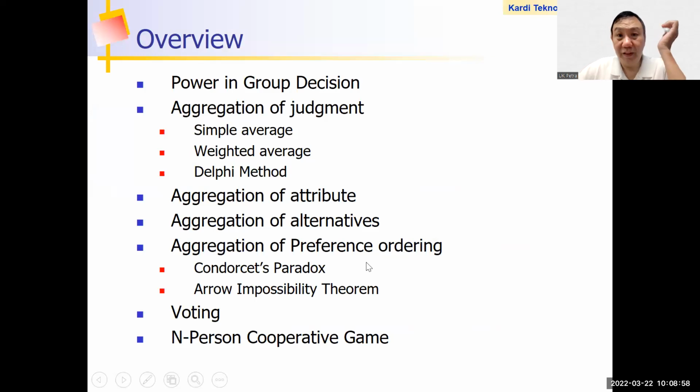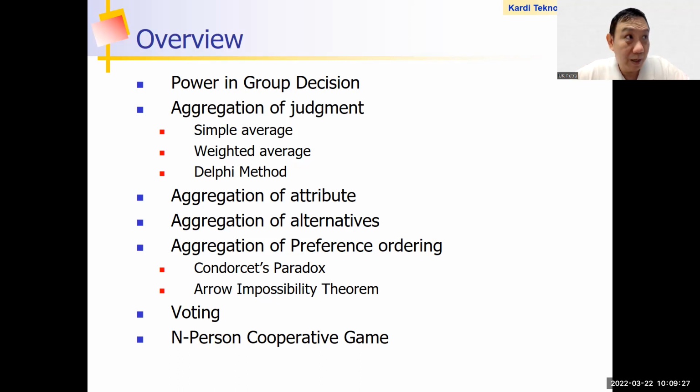So first is a disclaimer. This is very deep, and what I'm going to present to you today is only a scratch on the surface. There are several Nobel Prize winners based on group decision theory alone, including the one that we will discuss today, Arrow's impossibility theorem.